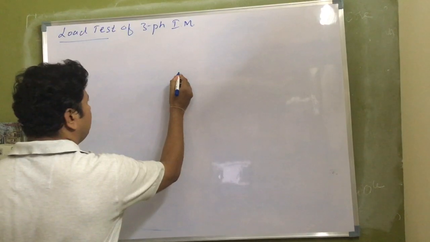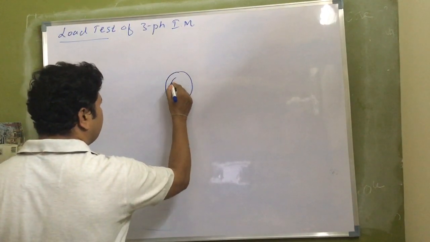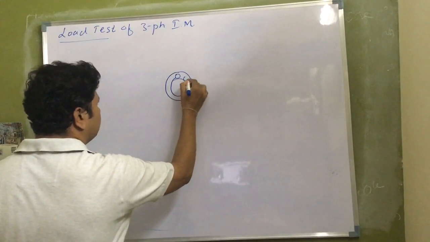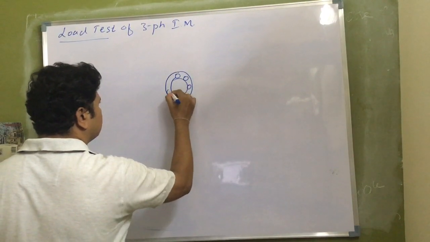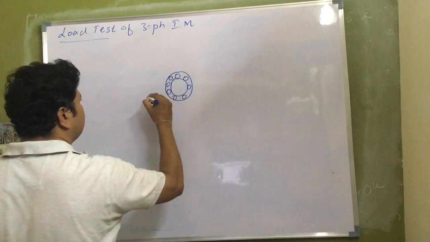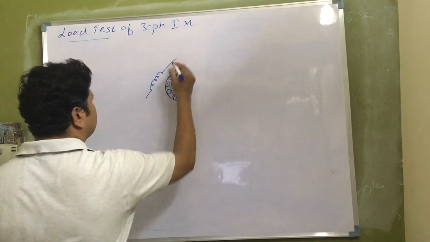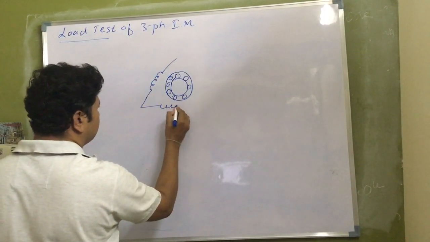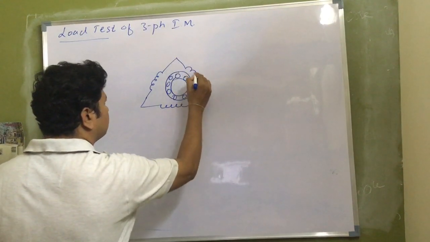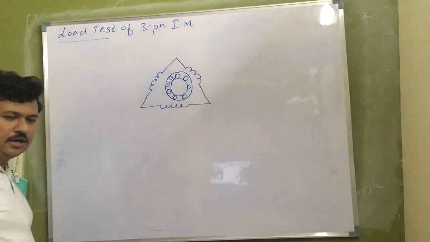I will be showing a rotor, a cage rotor, with a stator winding connected in delta.